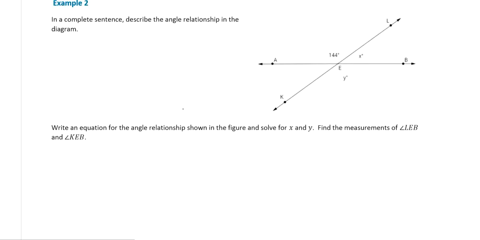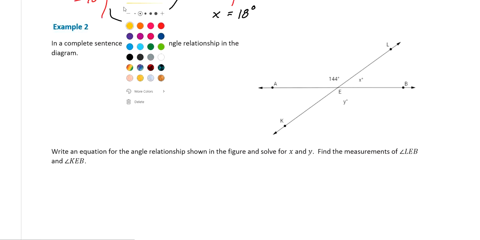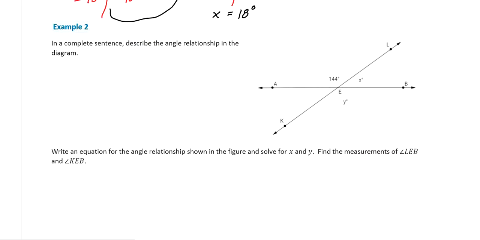Okay, down to example 2. In a complete sentence, describe the angle relationship in the diagram. So first we have to find out the angle relationship that's going on. Something I notice here is that we have two lines going on here.